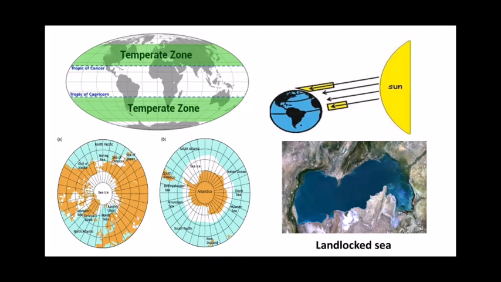Because of this, the salinity of the landlocked sea increases, and even the temperature is higher than the open seas. For example, the average salinity of the Mediterranean Sea is 39 parts per thousand, while the salinity of the most saline ocean, the Atlantic Ocean, is 35 parts per thousand.